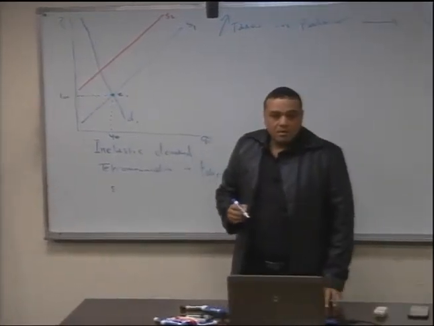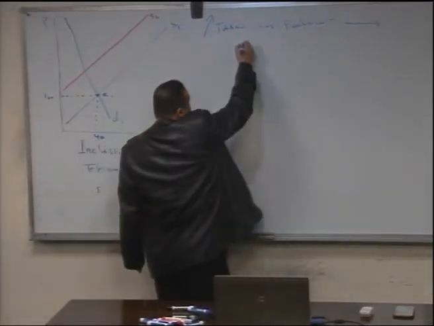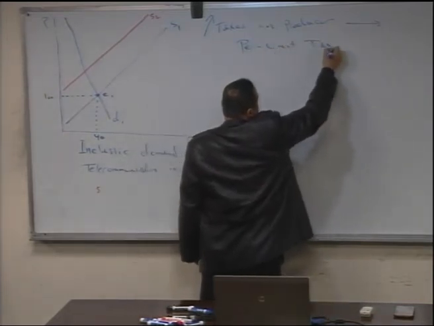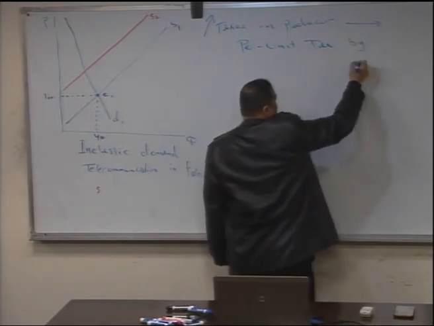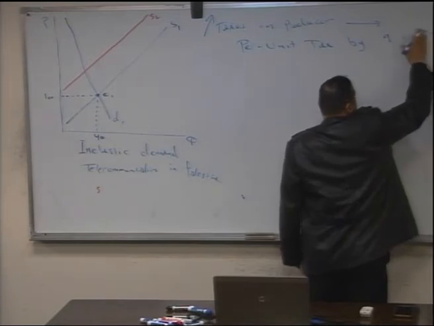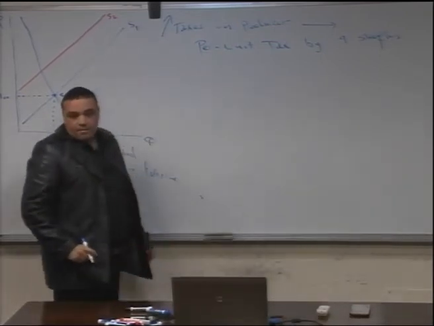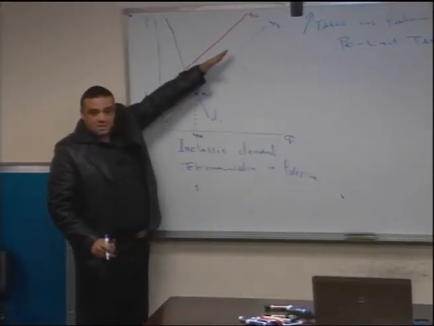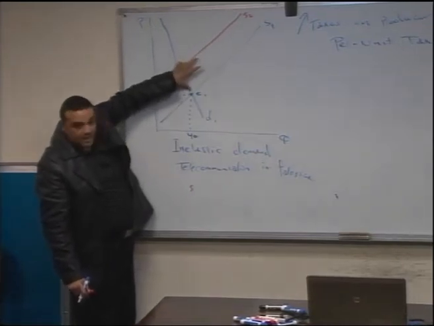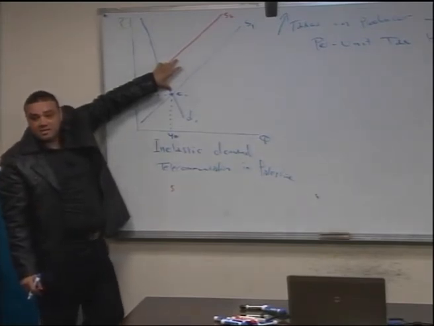Tamam. Now the government imposed a per unit tax. It's imposed by 9 shekels. This means supply shifts left, and the vertical distance between S1 and S2 is the value of the per unit tax.